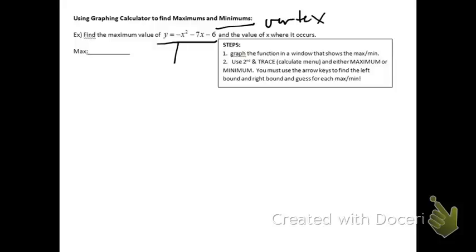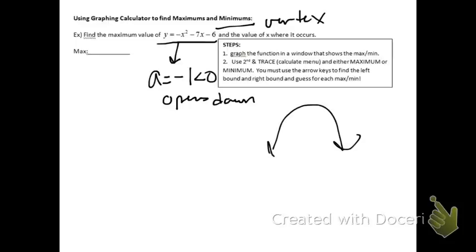And keep in mind, since the a value, that leading coefficient, is -1, which is less than 0, I know this opens downward. So just generally speaking, I have a parabola that goes like that. And I want to find that maximum, that's the vertex. And the calculator will do that for me.